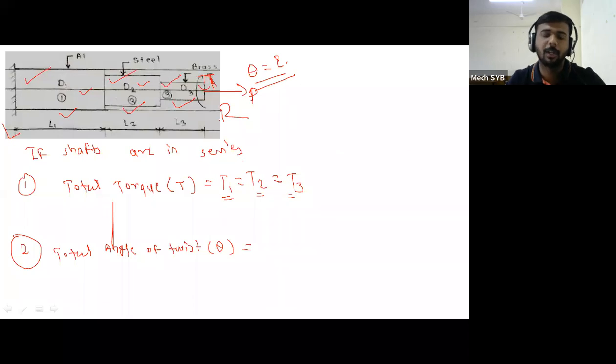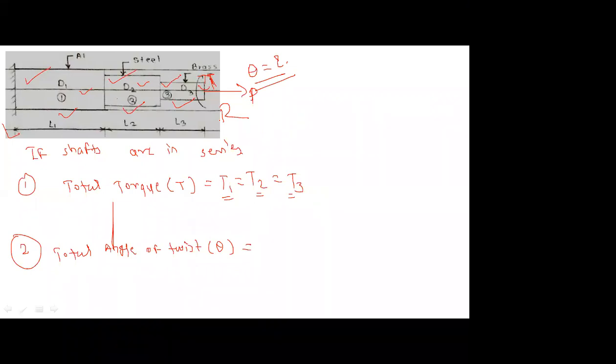Now please tell me, if the T amount of torque is applied at the free end, angle of twist in the shaft number 1, 2, 3, whether it is same or different. Due to the T amount of torque applied at the free end, whatever the twisting is taking place, whether it is same or different in each shaft.